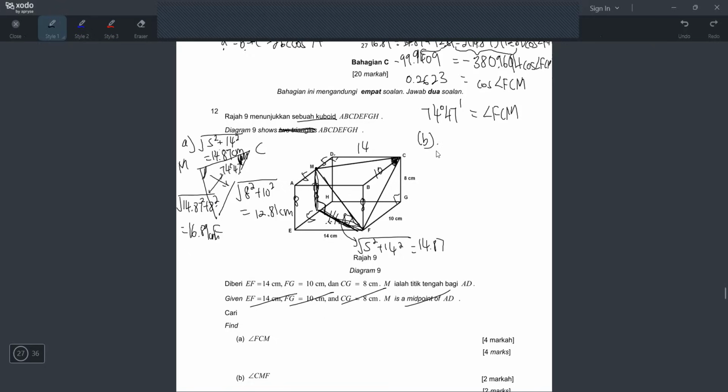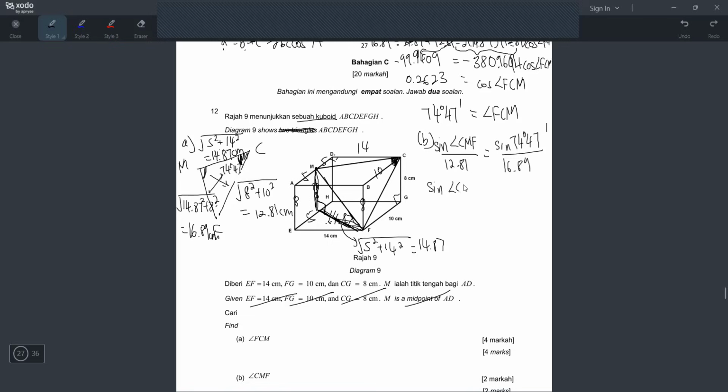Since you're finding an angle, your sine has to sit on top. So it will be sine CMF over what's opposite of it, 12.81, equals the complete pair, which is sine 74 degree 47 minute over the opposite 16.89, right?